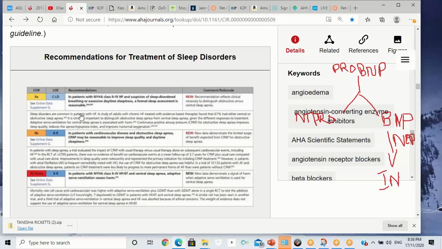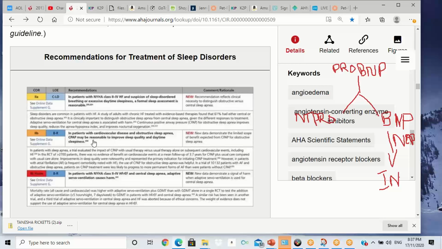What about your patients with sleep disorders? This is important because it's also new. It's in the guidelines. In patients with New York Heart Association class 2 to 4 heart failure and suspicion of sleep disordered breathing or excessive daytime sleepiness, you need to do a formal sleep assessment, a sleep study. If you suspect sleep apnea, do a sleep study. You want to see if the patient has obstructive sleep apnea versus central sleep apnea.